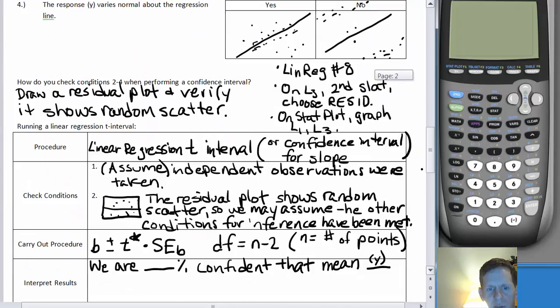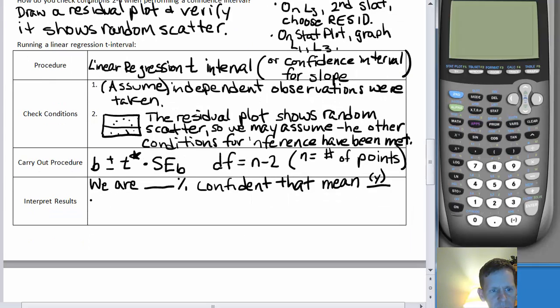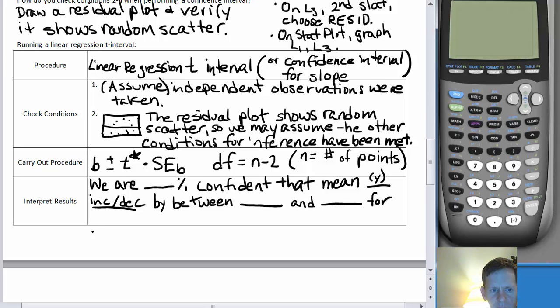Then you're going to say whether it increases or decreases. So I'm going to make a little note here, increases, decreases. I'll underline that. By between, we have a confidence interval. So we're going to list the two numbers that made up the confidence interval, blank and blank, for each increase in whatever the x variable is.